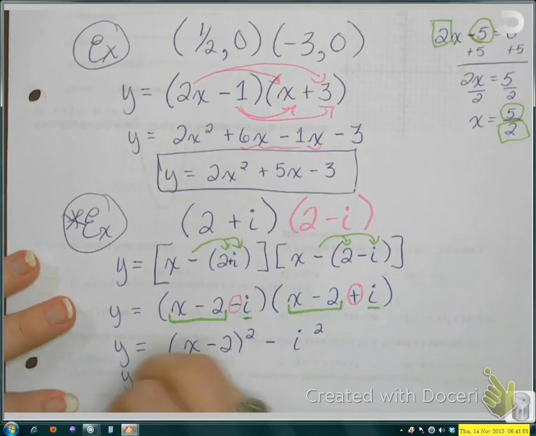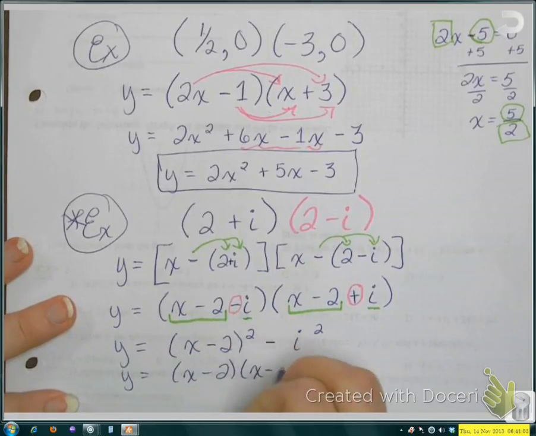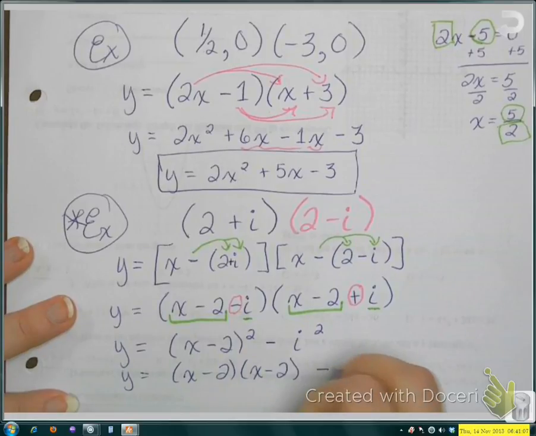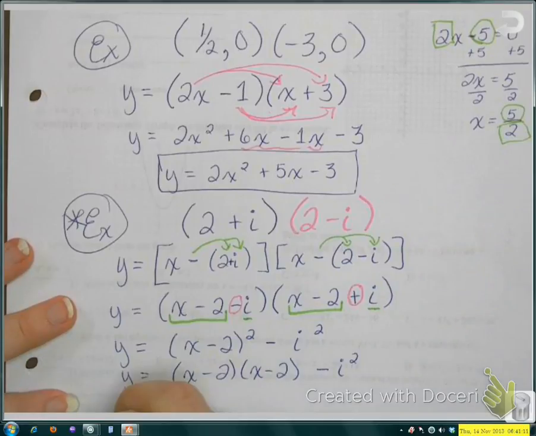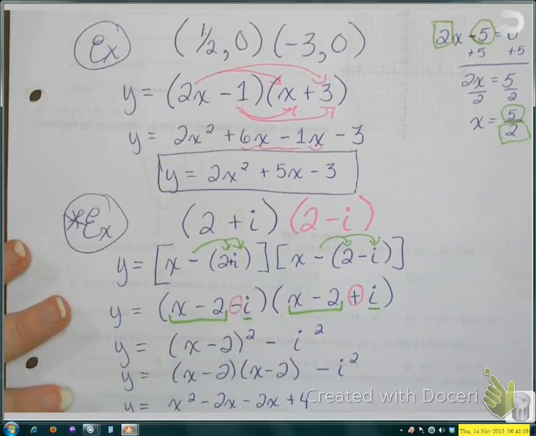So I'm going to write it twice, x minus 2 times x minus 2, and then minus i squared. Go ahead and FOIL that out and get x squared minus 4x plus 4. This is where it gets interesting.